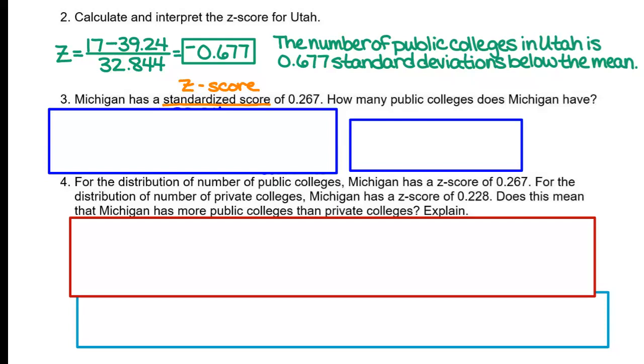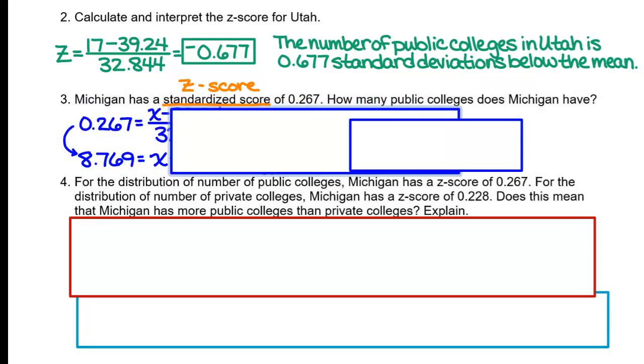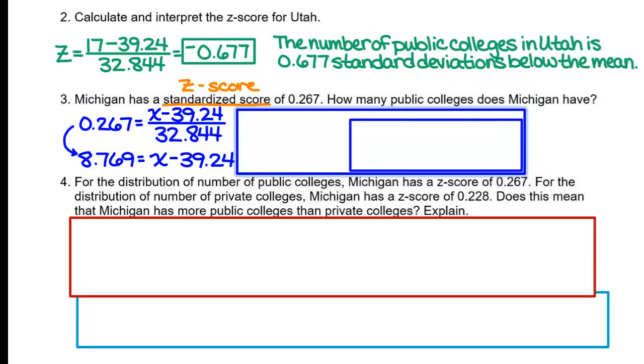Call it an x. x minus 39.24 over 32.844 equals 0.267. And then I multiplied both sides by my denominator to get that 8.769.